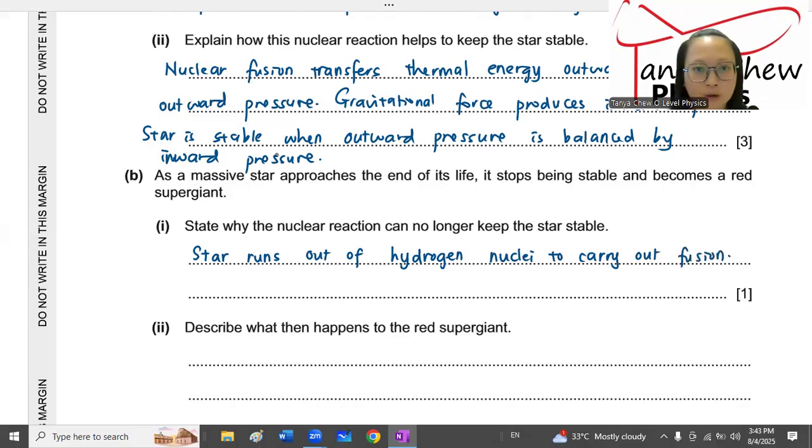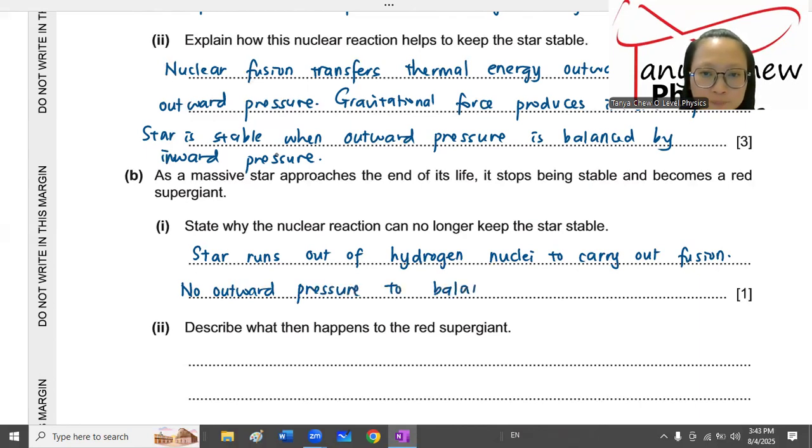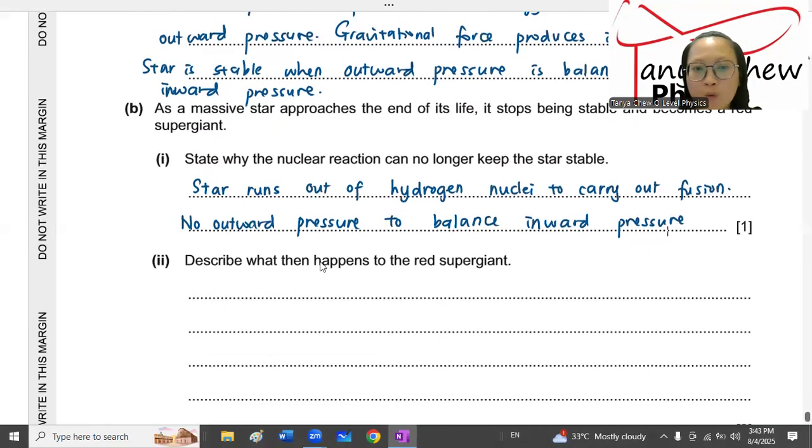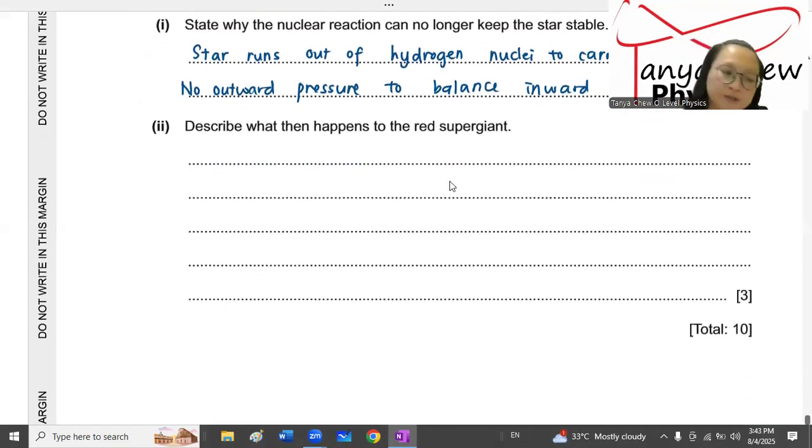So fusion cannot carry out. So that is why no outward pressure to balance inward pressure by the gravitational force. So that is why it is no longer stable. So describe what then happens to the red supergiant.